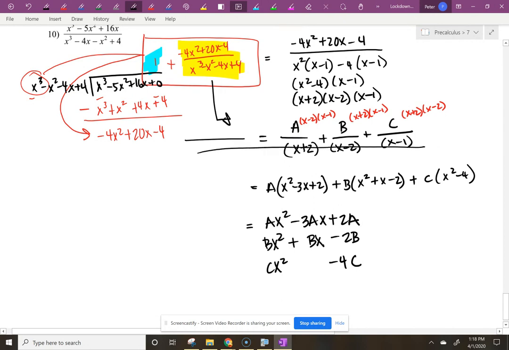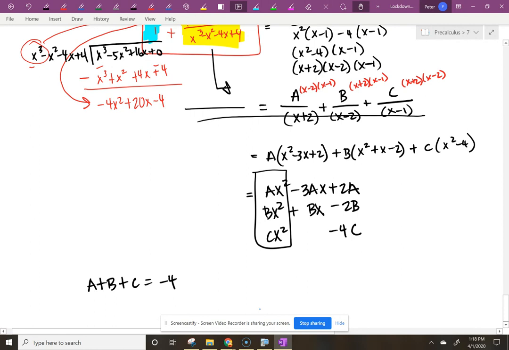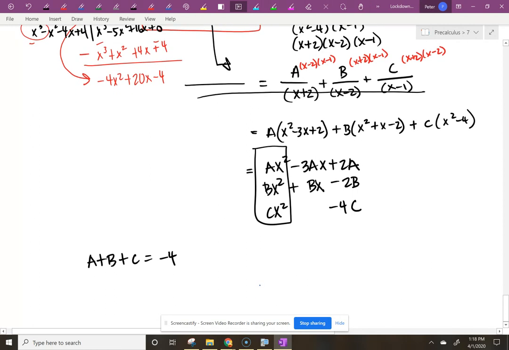And I can see what each part of the numerator is. The x squared parts have to equal negative 4. So if you look at just the x squared parts, you know that A plus B plus C has to equal negative 4. If you look at just the x values, you know that negative 3A plus B has to equal whatever the x's are on the left side.